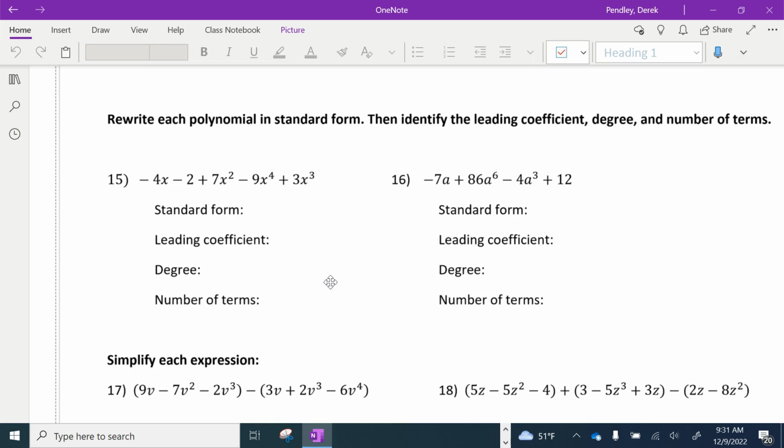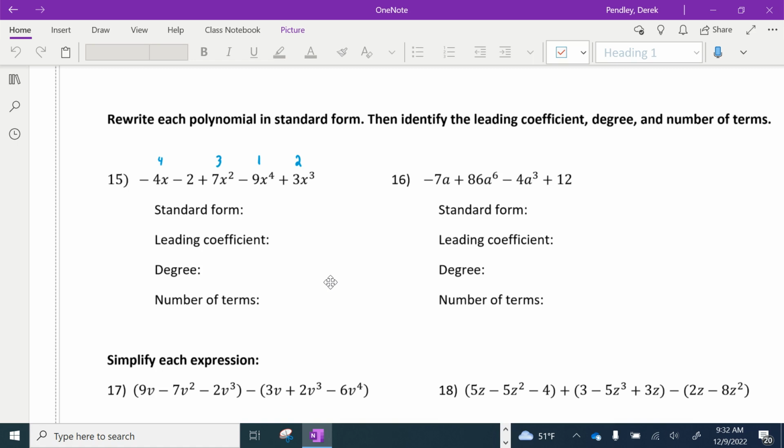All right, here on number 15 and 16, these are very similar problems. So remember, standard form, you have to have the highest degree first down to the smallest degree. So if we label these, fourth power is going to be first, then third power, then the squared, then the x to the first power, and then last the no variable.